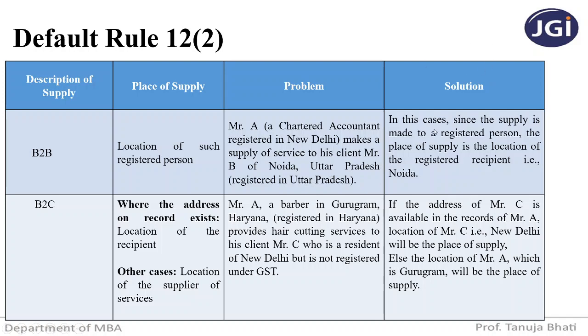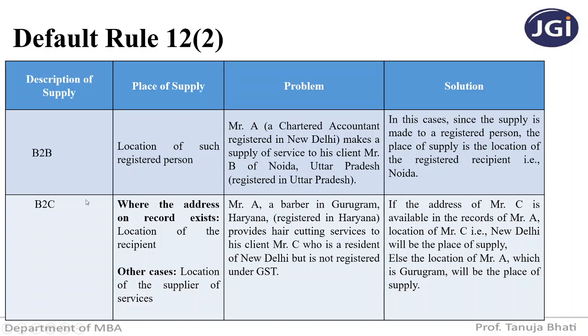So in such a case, we have to apply the default rule, section 12 subsection 2. Since the supply is made to a registered person, the place of supply is the location of the registered recipient. Mr. B is in Noida, so it is Noida.